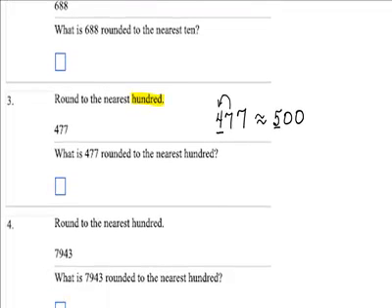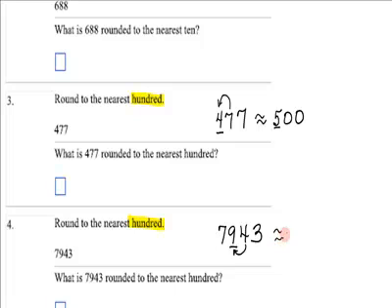All right, let's look at the fourth one. I have 7,943, and I'm supposed to round to the nearest 100. A 9 is in the hundreds place. Behind it is a 4. That says round down. When it says round down, you actually do not touch this number.